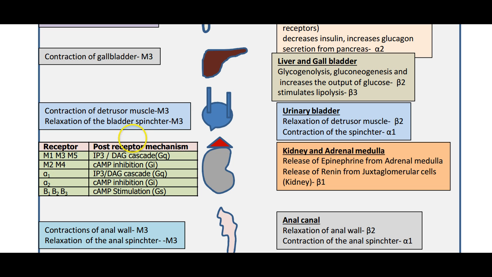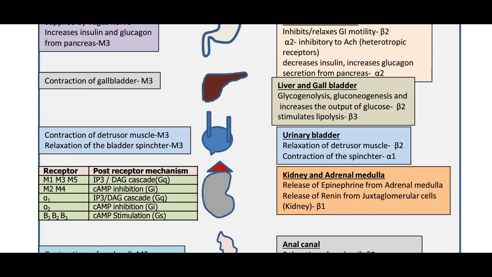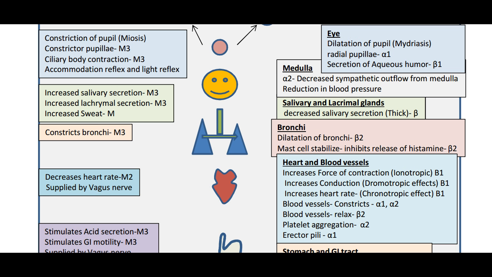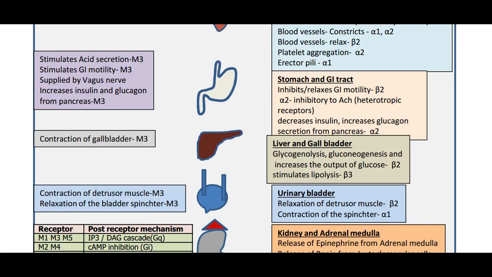Whereas M3 receptors, if you see, they are present in all the smooth muscles, and M3 activation will lead to contraction of the smooth muscles as well as the motility. And that's why wherever these M3 receptors are there, they stimulate the smooth muscles and cause contraction, and not only that, it increases the GI motility.